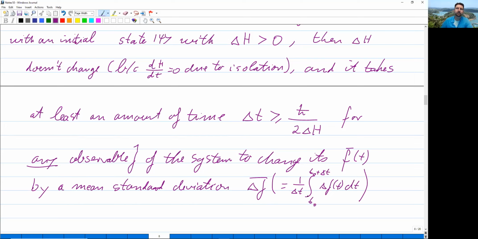It's just the average standard deviation in the time interval in question. So this is the famous time energy uncertainty.